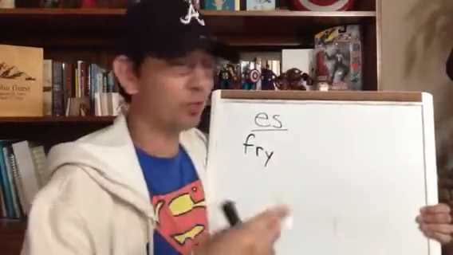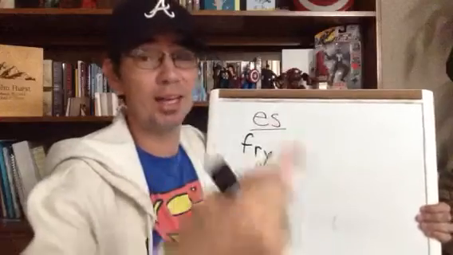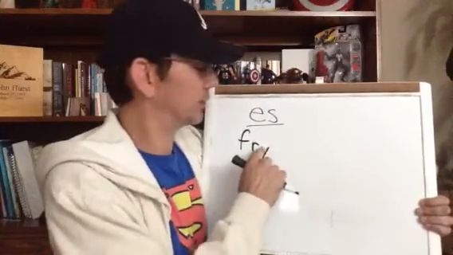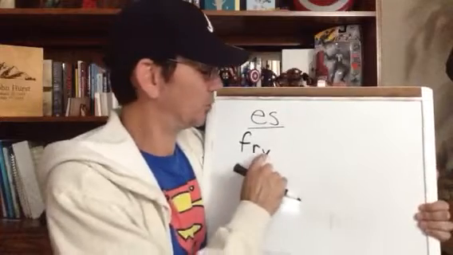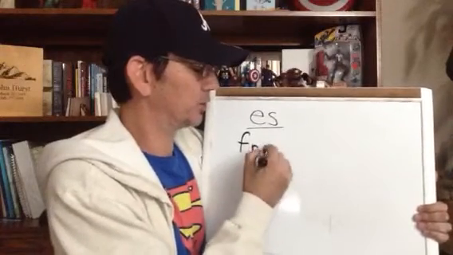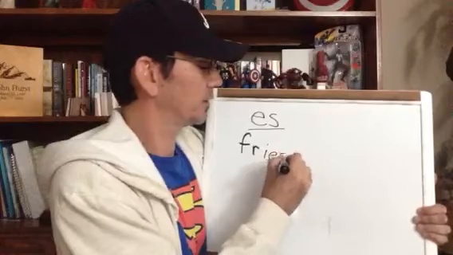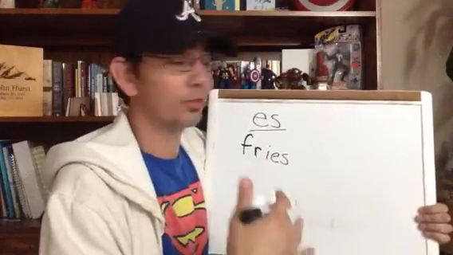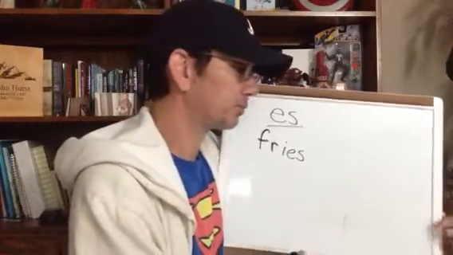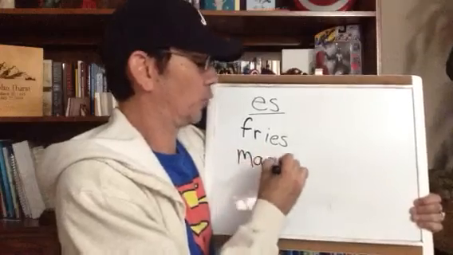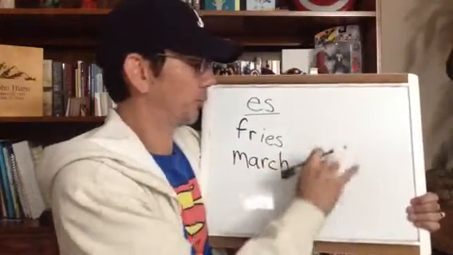When I'm talking about more than one, it becomes fries. But this word changes a little bit, because we have to add the ES, but this Y changes also. It becomes an I-E-S. Fry to fries.